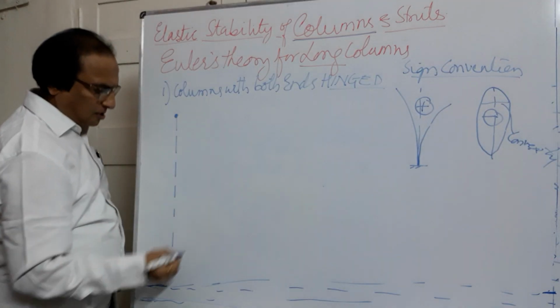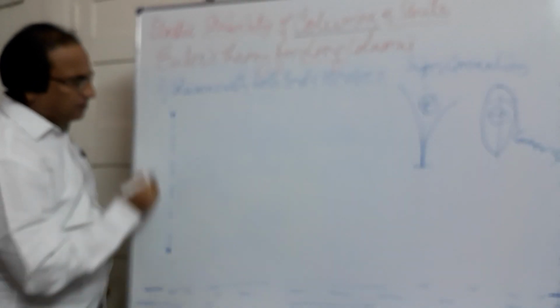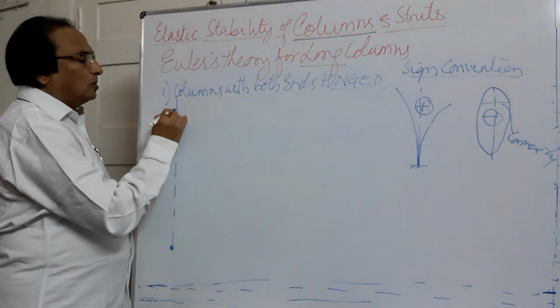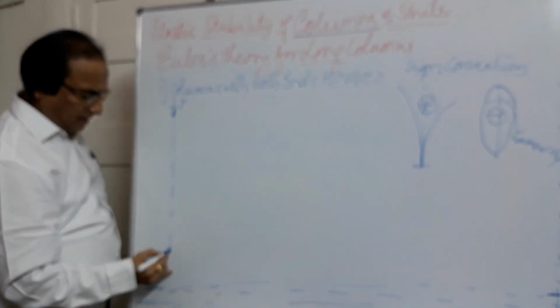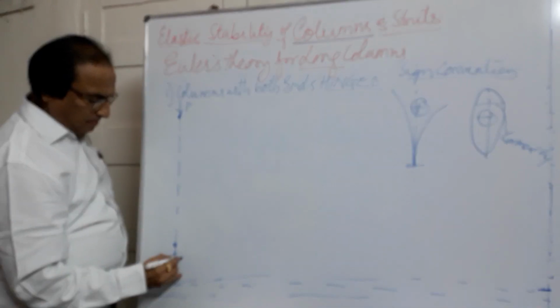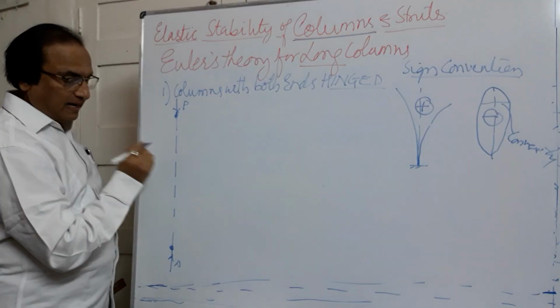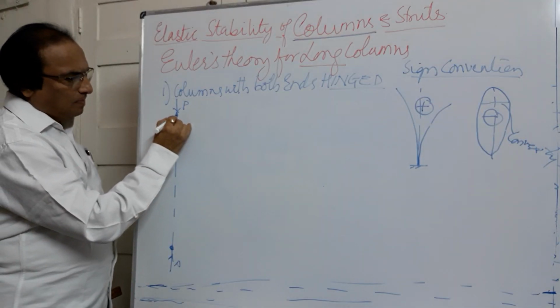suppose this is the initial position of the column, it is hinged here and it is hinged on the other side. It is subjected to load P and P at both top and bottom. Due to this load, the column is going to bend or buckle like this.